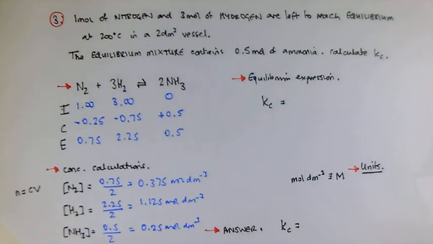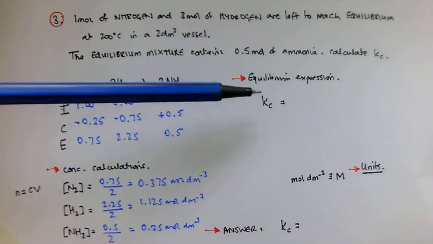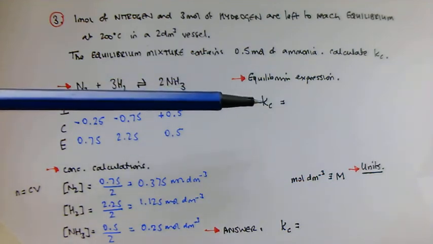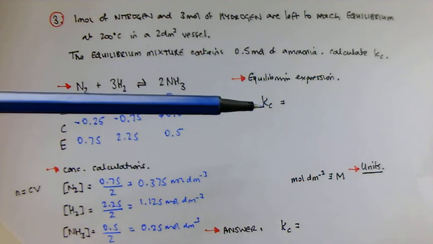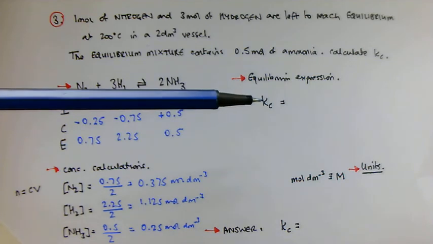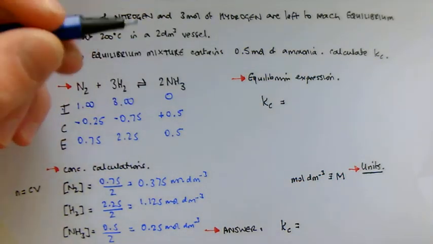So the next thing to do is have a look at the equilibrium expression. You should be familiar with this from AS level, and what you can do is you do the products over reactants.